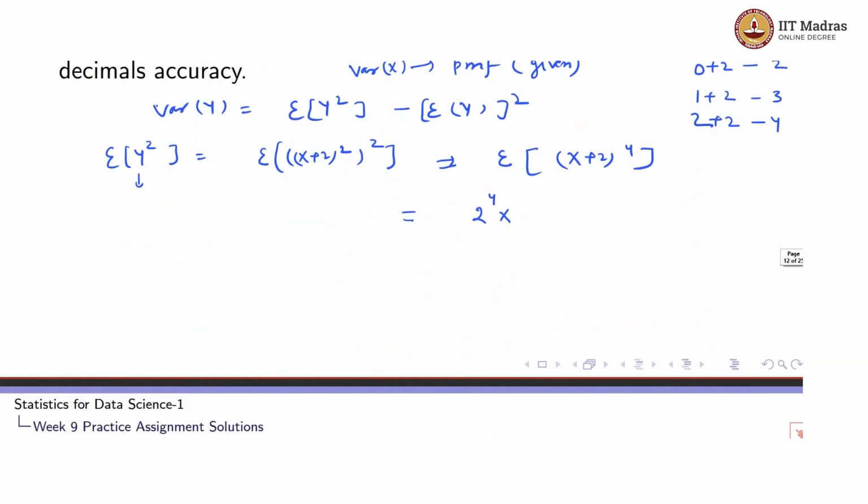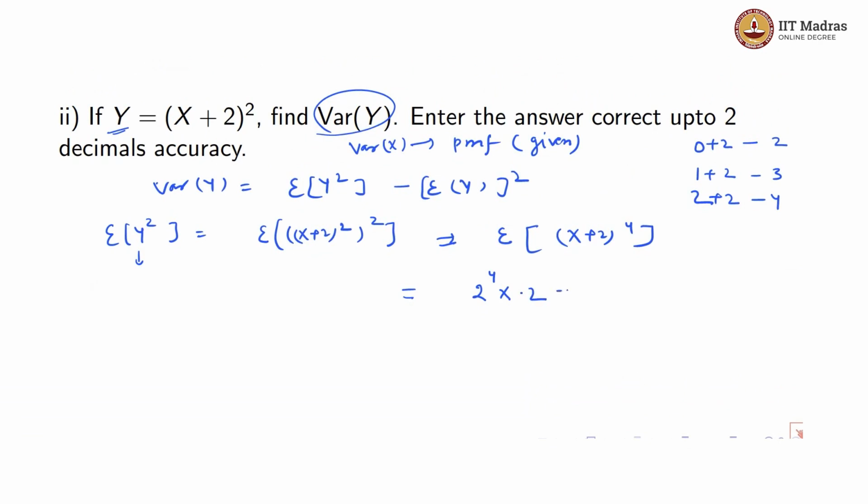So 2 to the power 4 into 0.2, plus 3 to the power 4 into 0.3, sorry, it will multiply, plus 4 to the power 4 into 0.5. So simply we need to calculate this value.